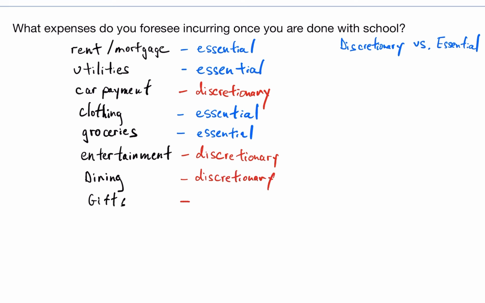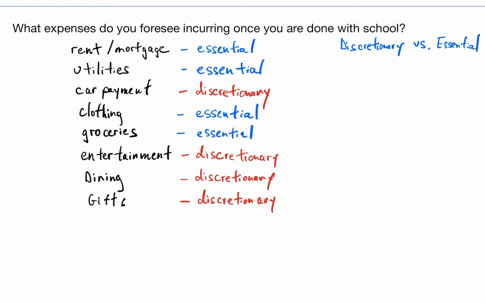And then last but not least, gifts, okay? We obviously want to give gifts to people that we care about. However, it is not critical to our survival, so we're going to call this discretionary, okay? So of these 8, half of them were essential, the other half were discretionary.